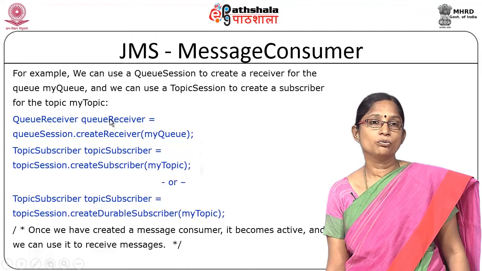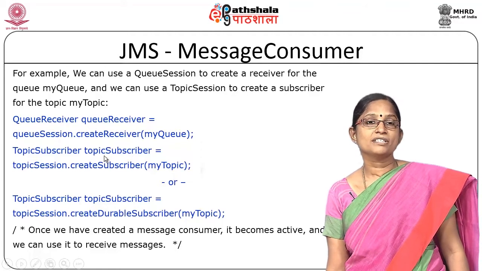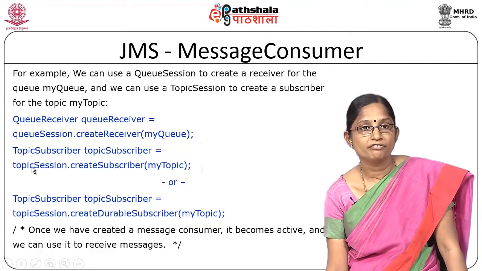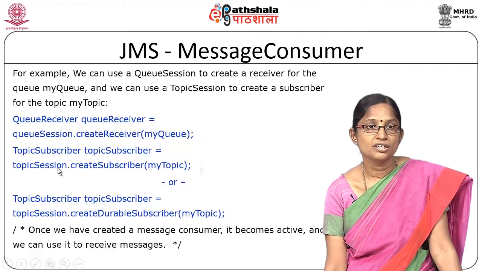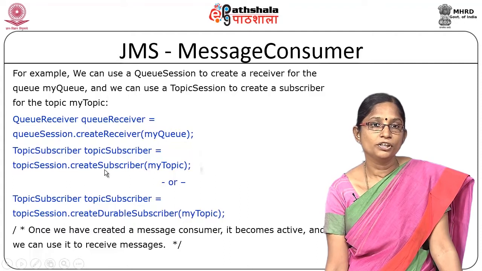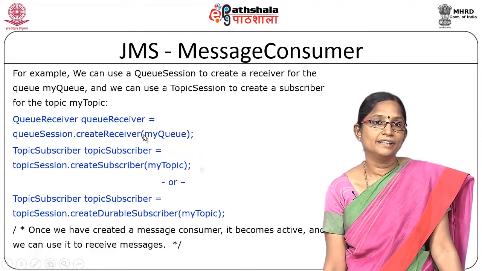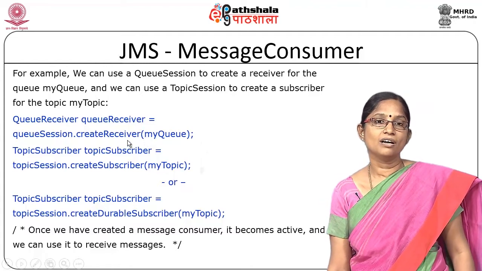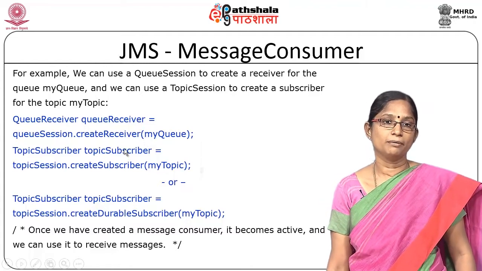Suppose instead of queue receiver, we want to make it particular to topic, then we can create a variable called topic subscriber. Here topic subscriber is going to be the message consumer. The topic subscriber has to be created from the session called topic session. In the topic session, we call the create subscriber method. So, either we can follow the queue receiver or we can follow the topic subscriber.